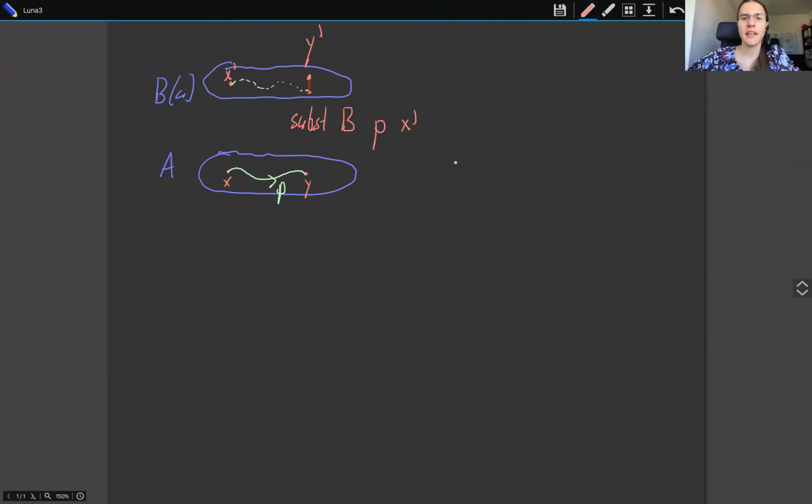But here's the idea. Suppose that we have our path P, which we're going to denote like this. This is P. This is the value at I naught. This is a lowercase p.